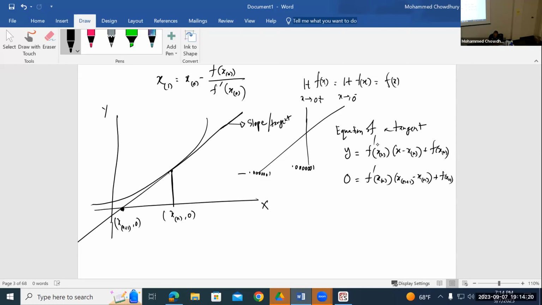Now, if you rearrange these things, then you will end up with the updated one: xn minus f of xn divided by f prime of xn. You understand these things? This is the update.